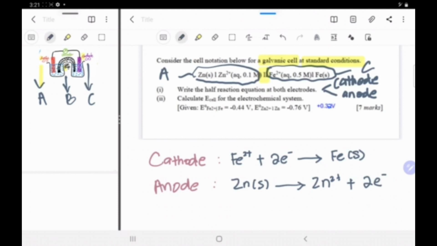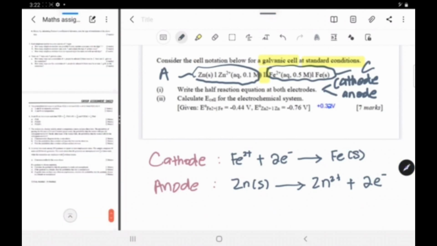I believe some students might be confused about how to determine which of these electrodes gains and loses electrons. So I have some tips on how to memorize which electrode gains or loses electrons.